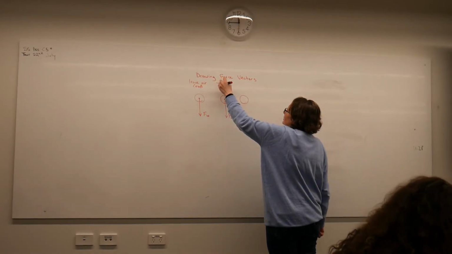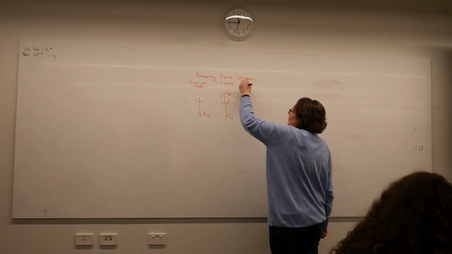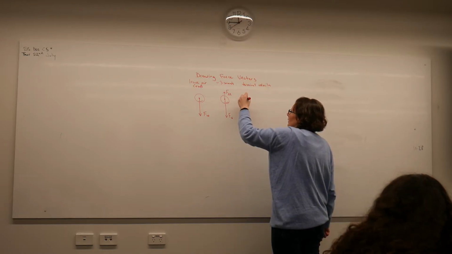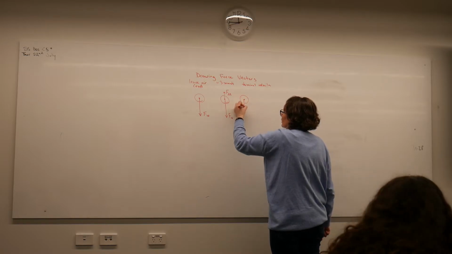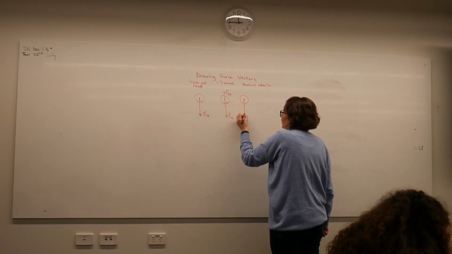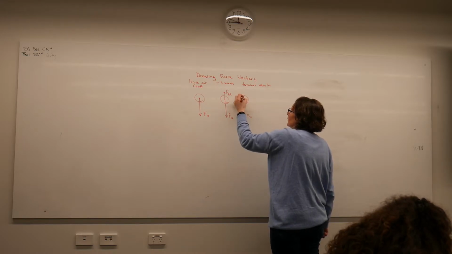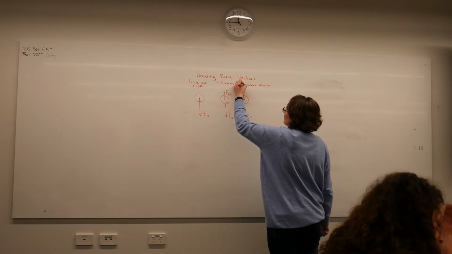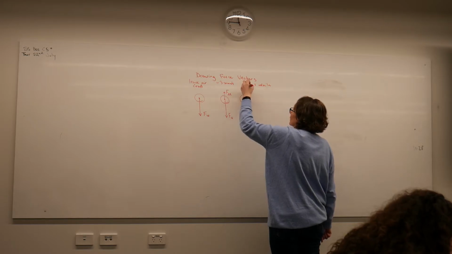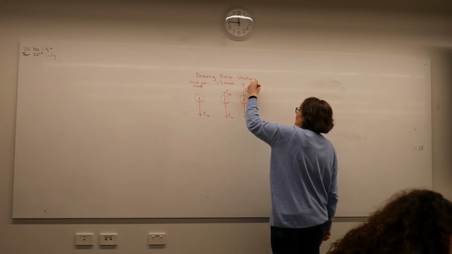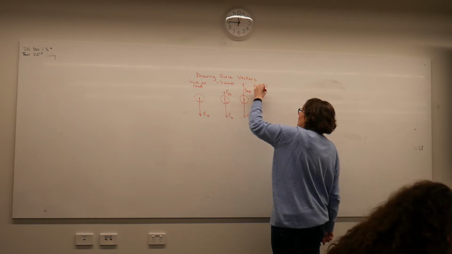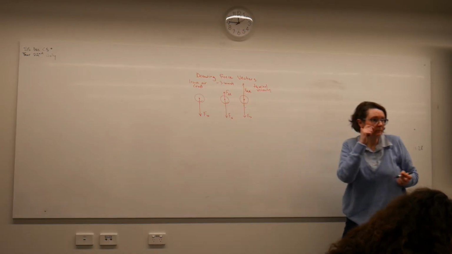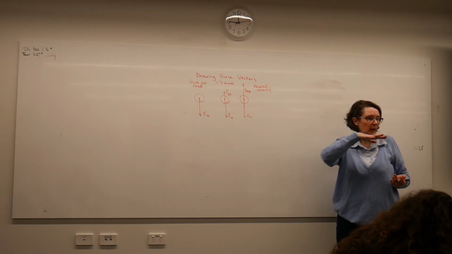So let's say this is about 3 seconds. And then if we're talking about terminal velocity, the important thing here is that these vectors must be the same length, because what we're trying to indicate is that they are balanced.